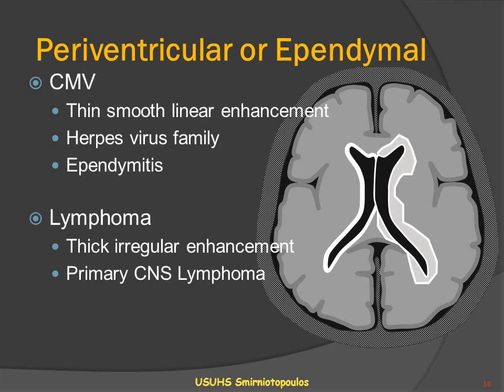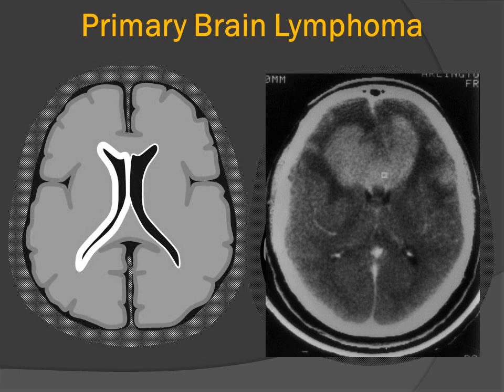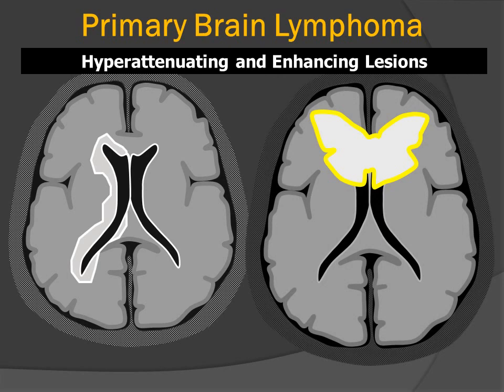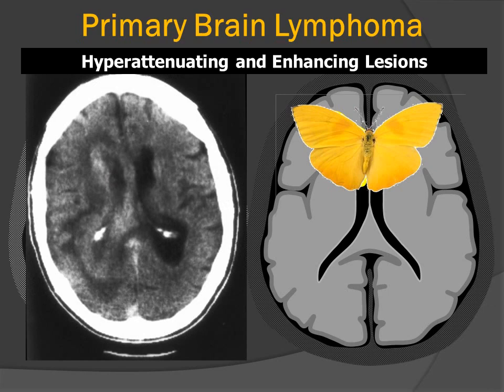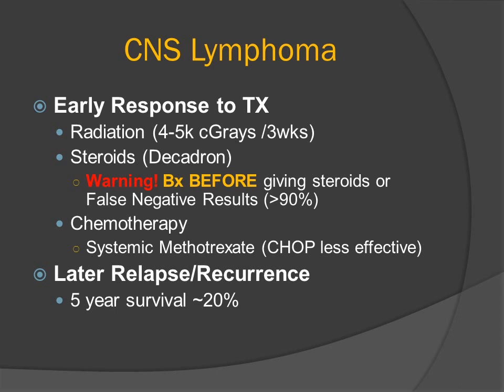So these two processes, CMV ependymitis and lymphoma, are usually distinguishable on imaging characteristics. Again, primary CNS lymphoma, abnormal hyperattenuation surrounding the ventricle. We can see on the image on the right-hand side the classic butterfly appearance for a lesion involving the corpus callosum. So primary CNS lymphoma, periventricular, hyperattenuating, a small round blue cell tumor.